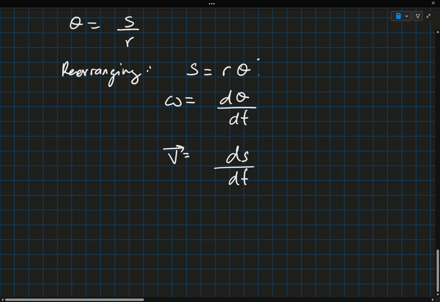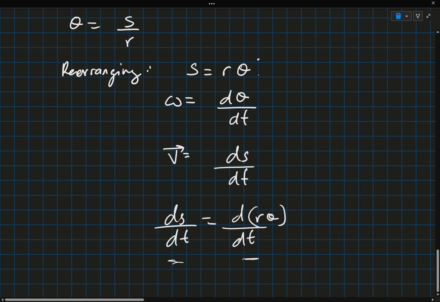So if we equate them, we have linear velocity on one side, and we're trying to get the angular on the other side.